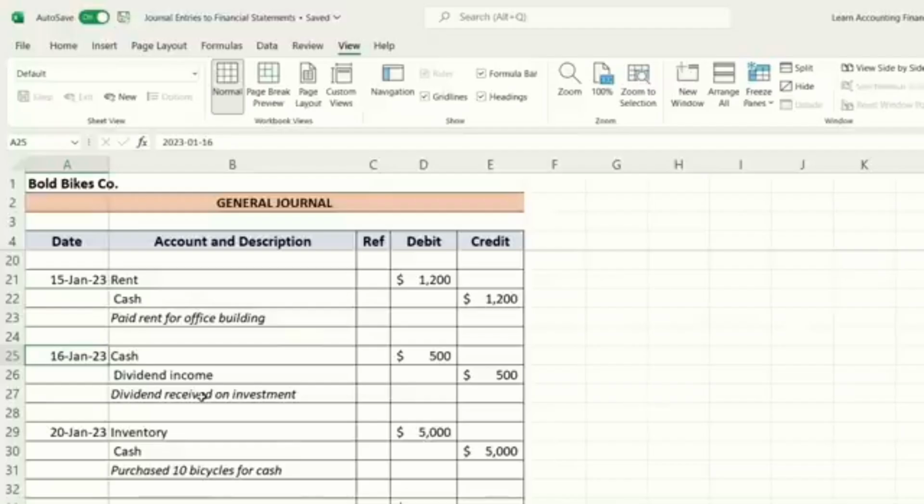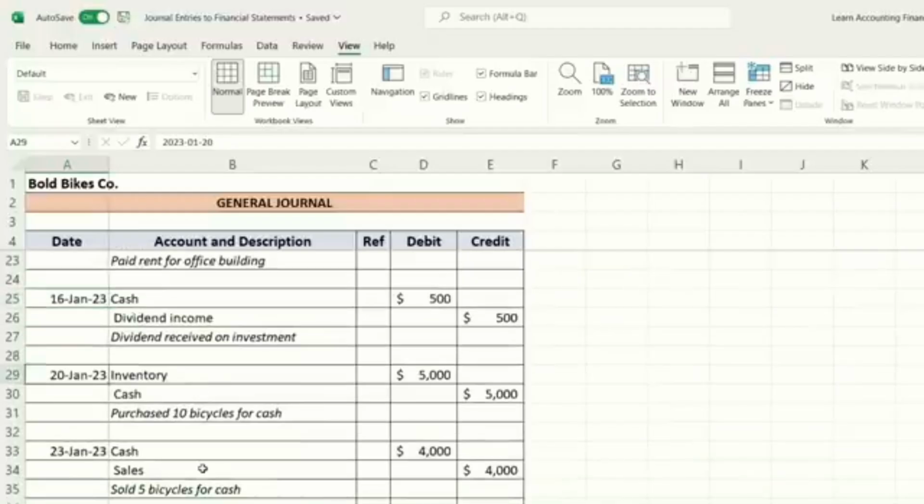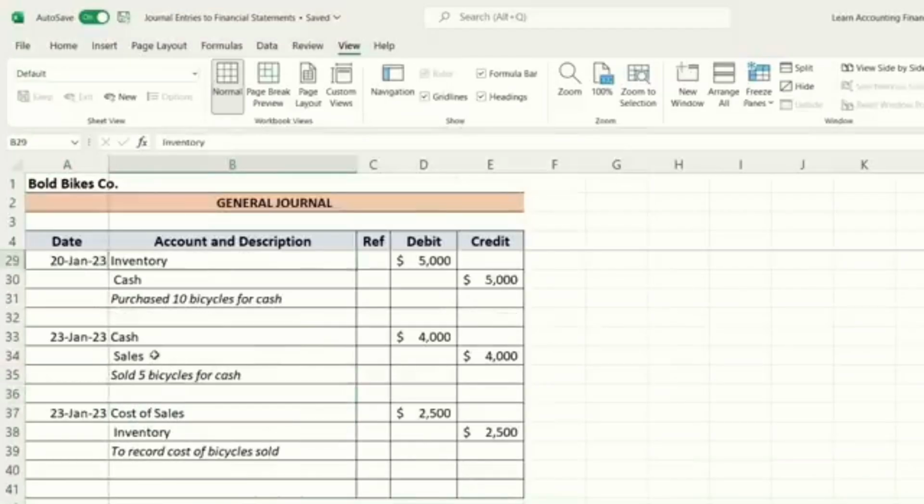On 16th, he received dividend income. On the 20th of January, there was a purchase of 10 bicycles. So it was recorded as inventory. On the 23rd of January, there was a sale of 5 bicycles. So the accountant recorded sales. And on the same day, 23rd January, he also recorded cost of sales.